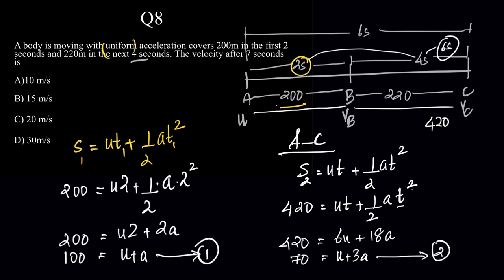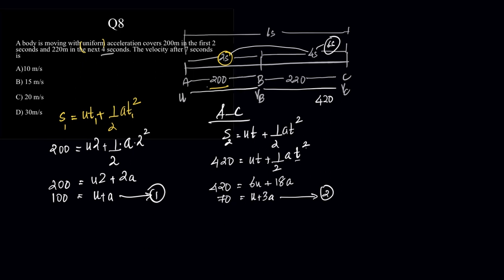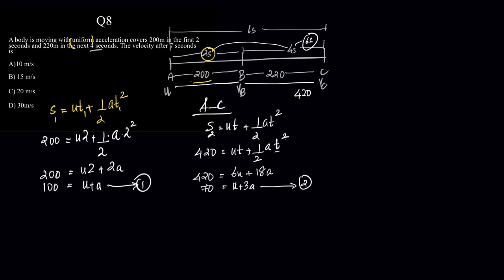Now we got two equations. Which are they? u plus a is equal to 100 and u plus 3a is equal to 70.